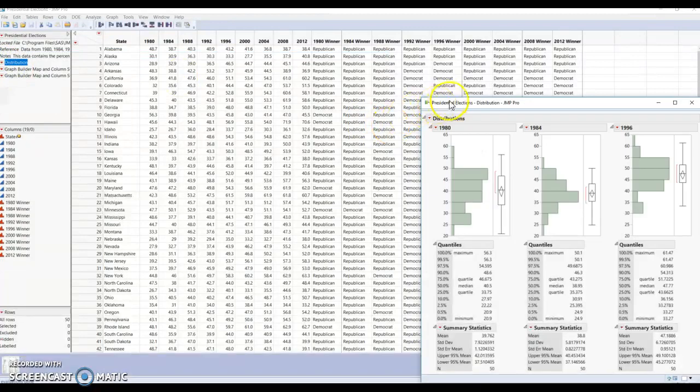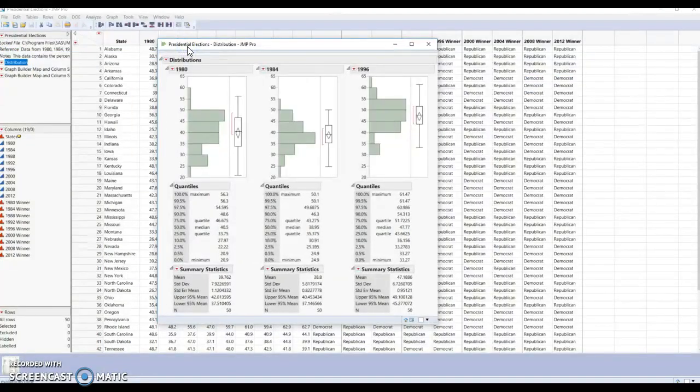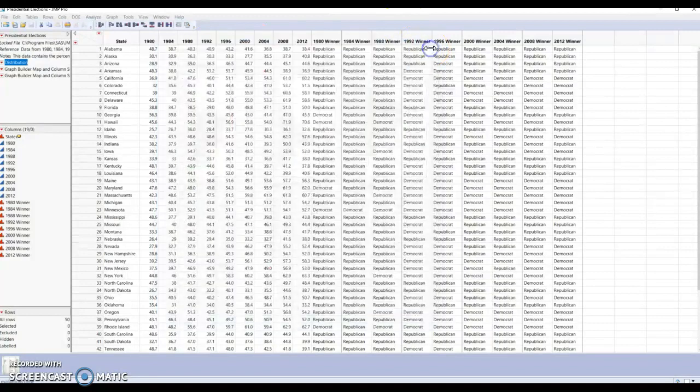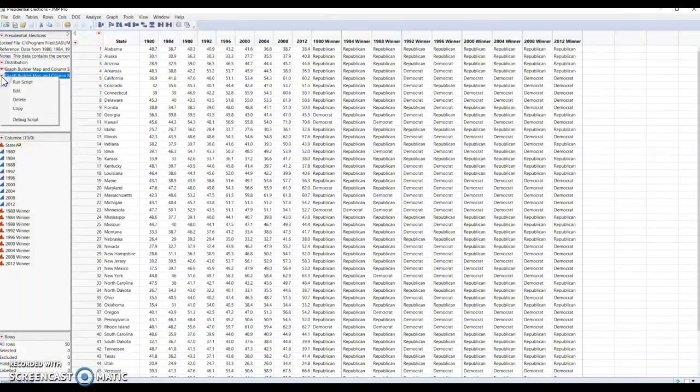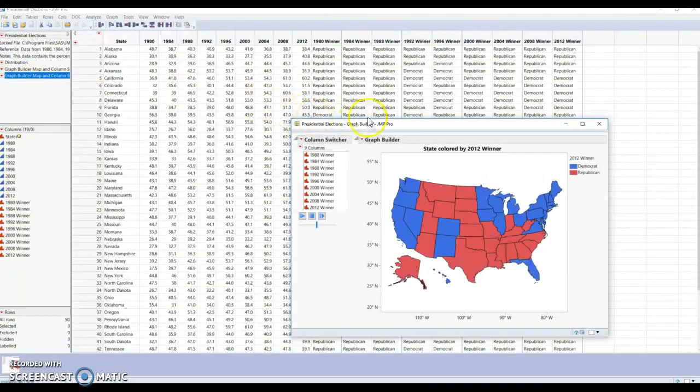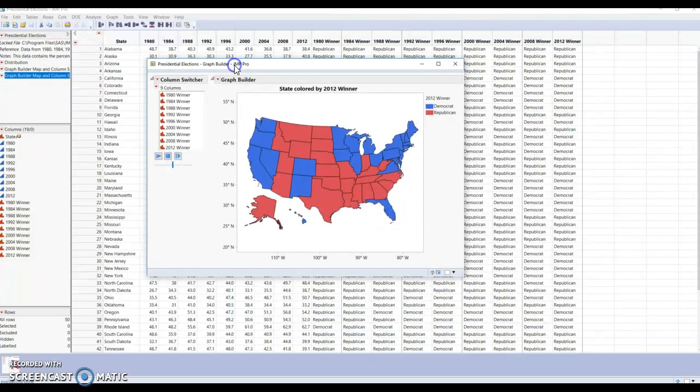We can look at, for example, the distributions of percentages for votes cast for Democratic candidates throughout each of the years, whichever years we choose. And we can also, from a more demographic standpoint, look at something like a graph builder, state colored by winners for a given year.